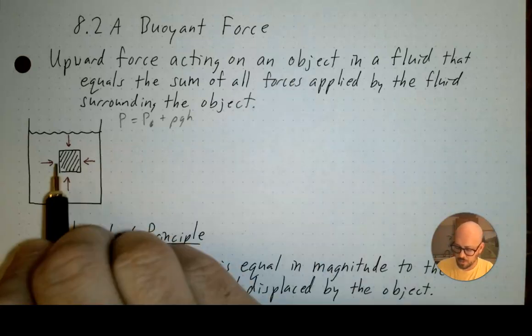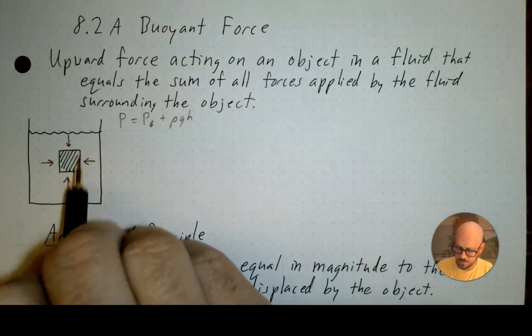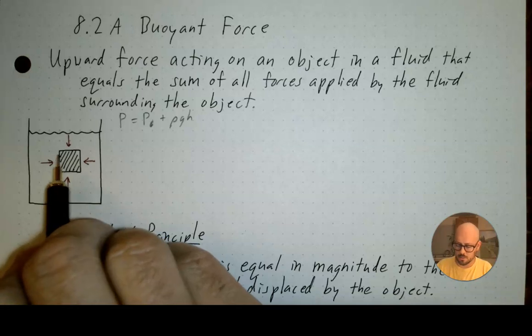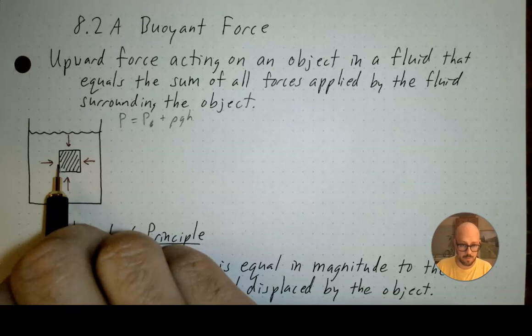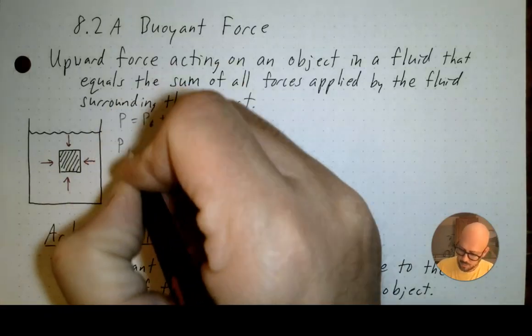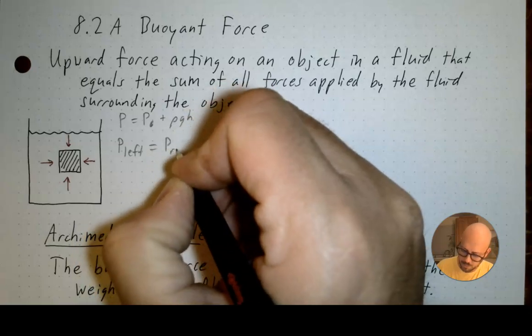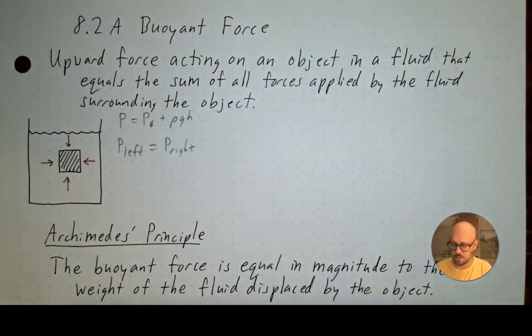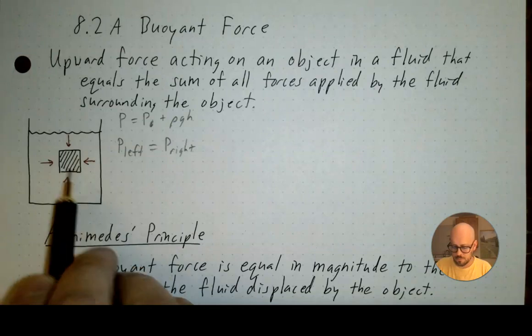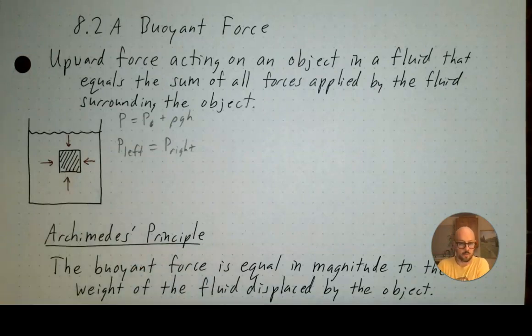And so what we end up seeing is, because the left and the right hand side are symmetrical, each section of that wall is at the same depth. The pressure at the left side is equal to the pressure at the right side. And so there's no net force in the left or right direction because of that.